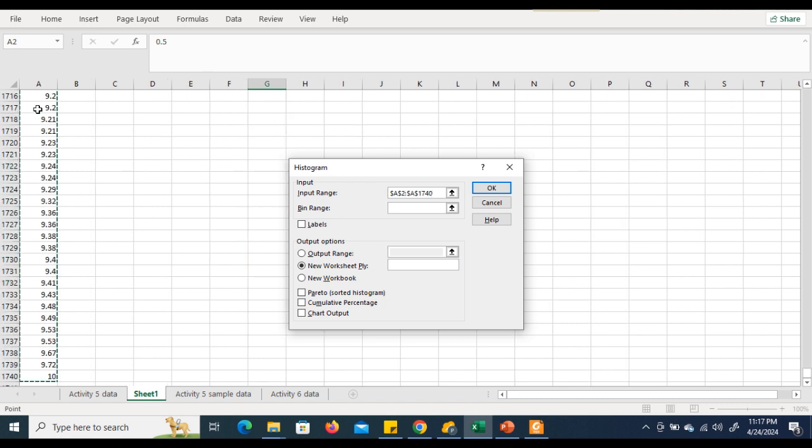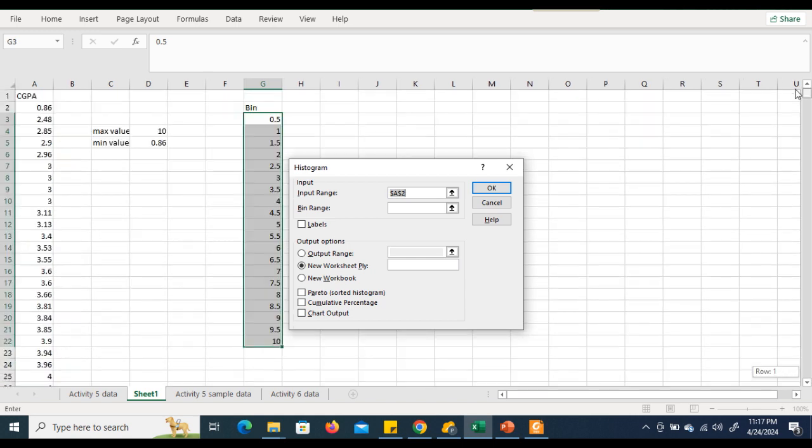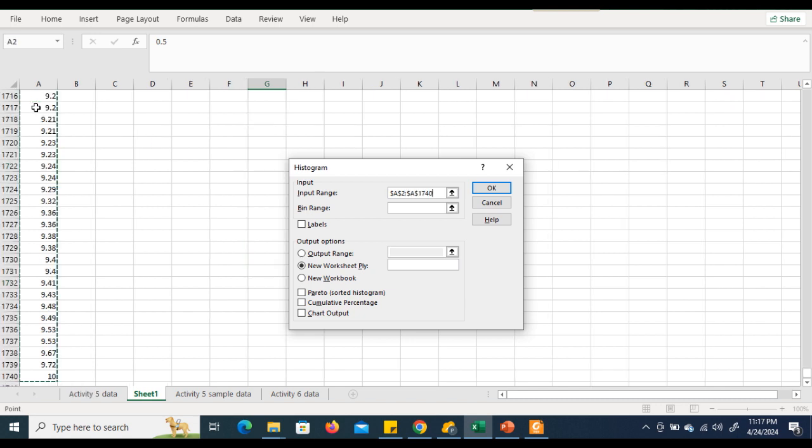To select this entire column, since there are about 1739 entries, I firstly select the first box, and then press Control Shift and the down key. Automatically the entire column is selected, right?